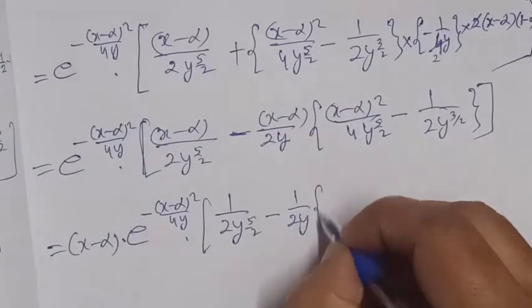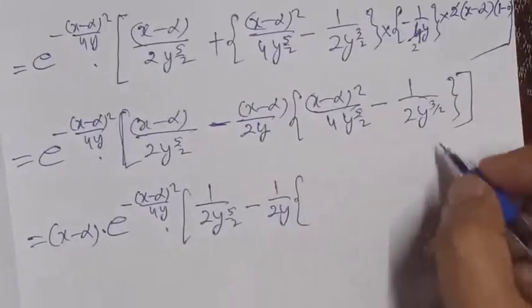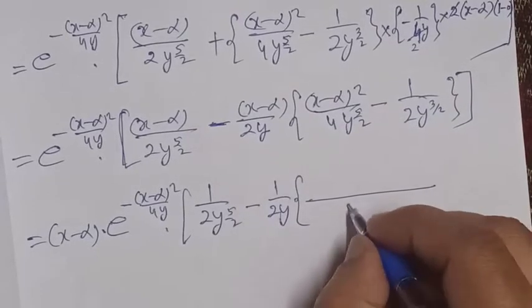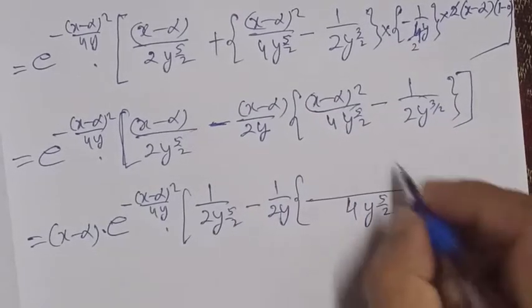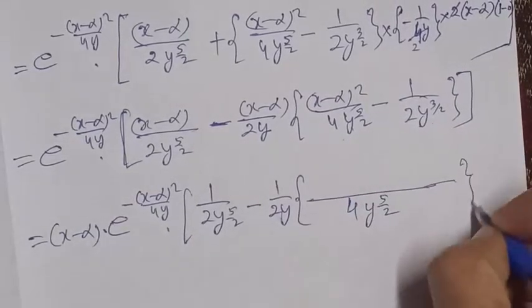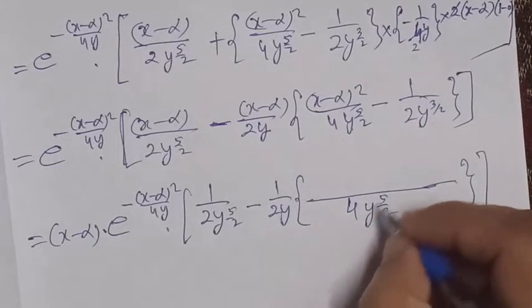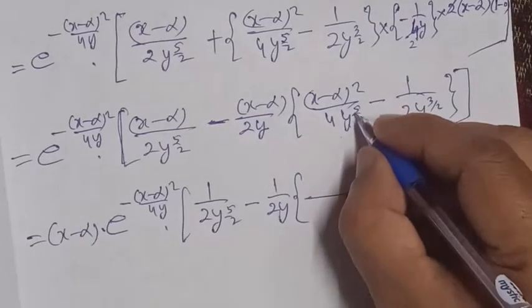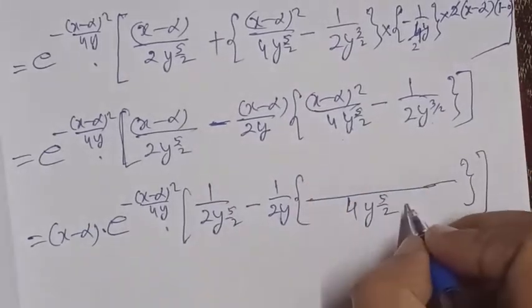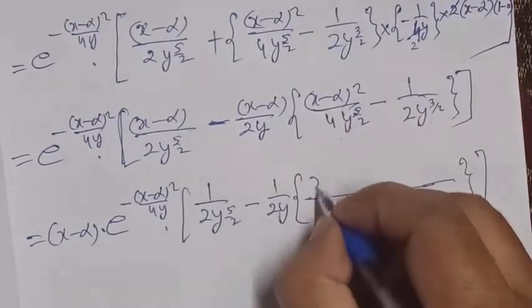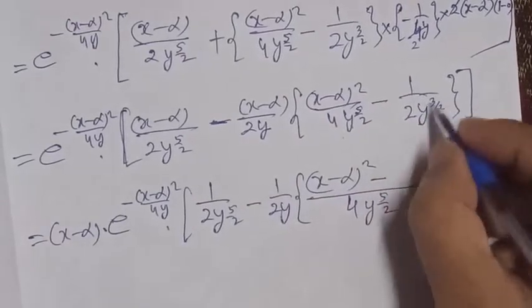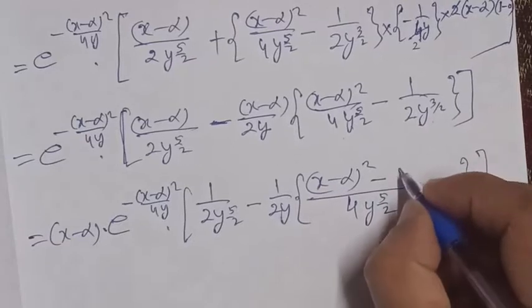And now in this bracket we can take the LCM for y to the power 5 by 2. Y is present in both terms, only the common LCM is the greater power, which is 5 by 2, and the LCM of 2 and 4 is 4. On dividing this value, we get here (x minus alpha) whole square minus, on dividing this value, we get 2y.